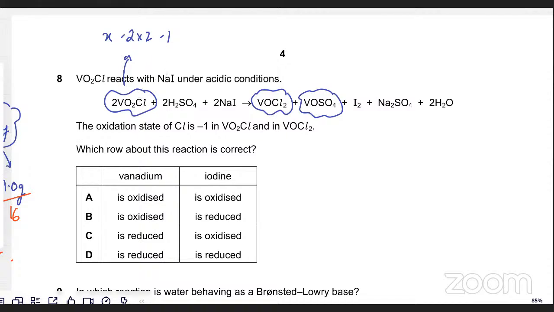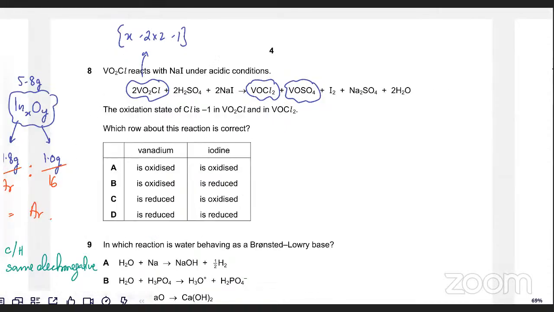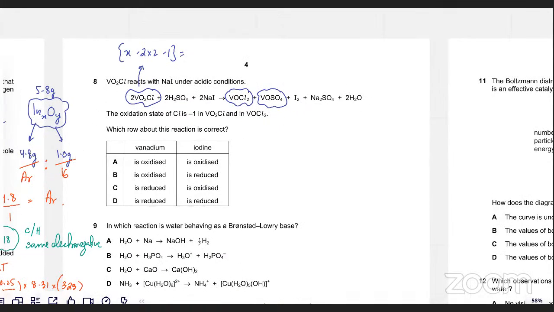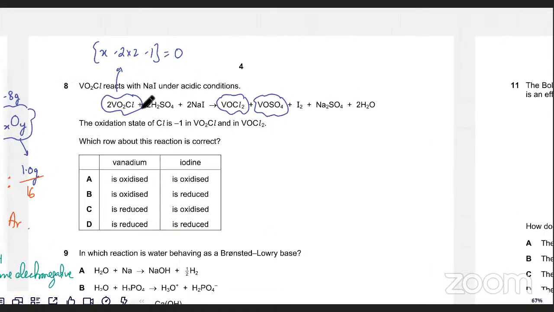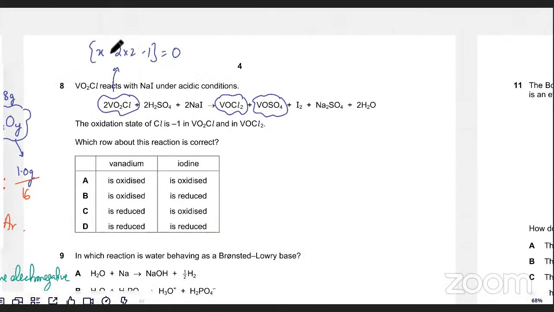So all the charges must add up to 0, because this molecule over here is completely neutral. So what's the value of X? That's going to be -4, -1, that's -5. So X would come out to be +5. Is this clear?